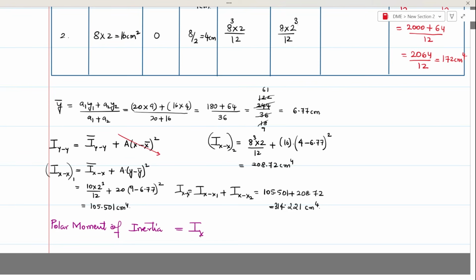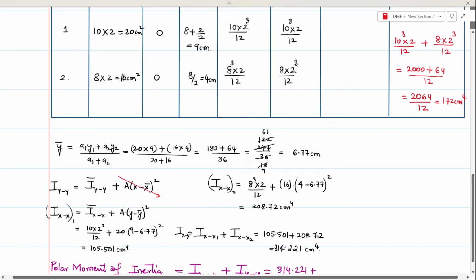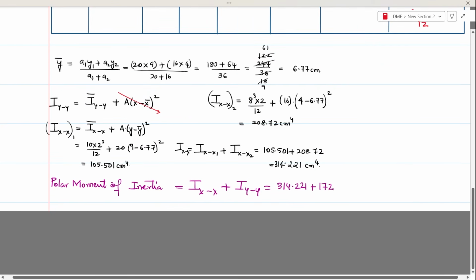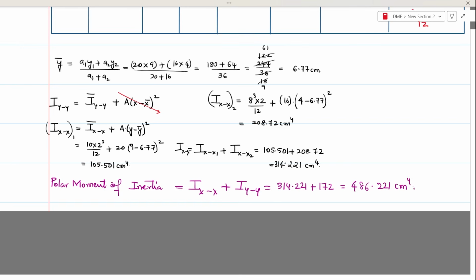That's Ixx, bar will not be there, plus Iyy, which is equal to 314.221 plus 172. So 486.221 centimeter power 4 will be the polar moment of inertia for the T section.